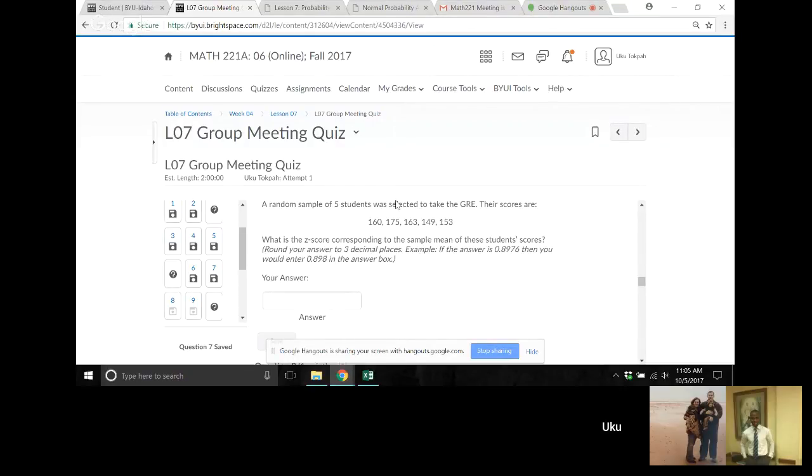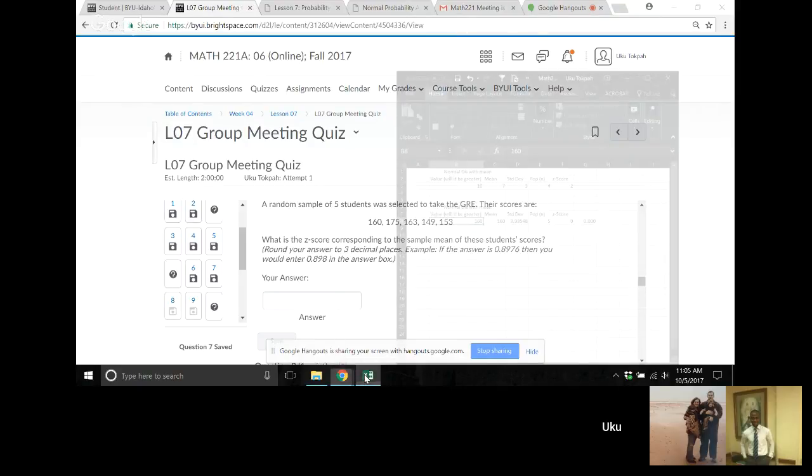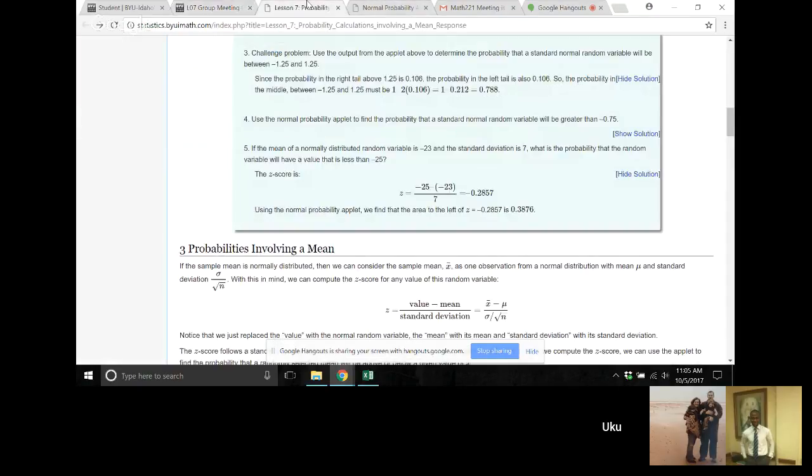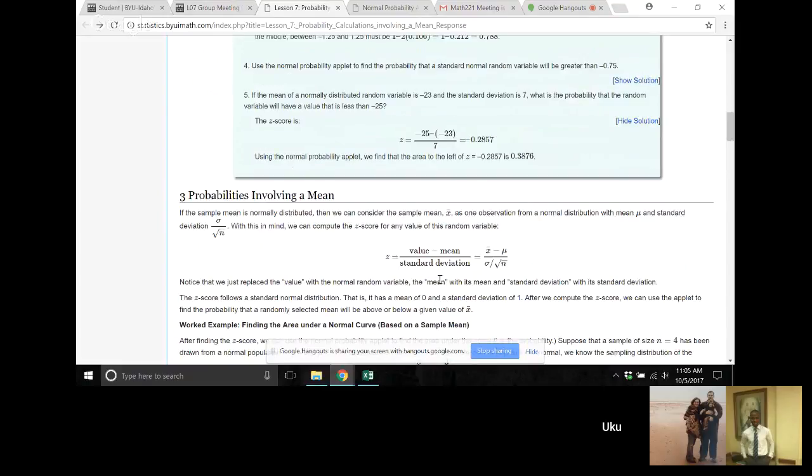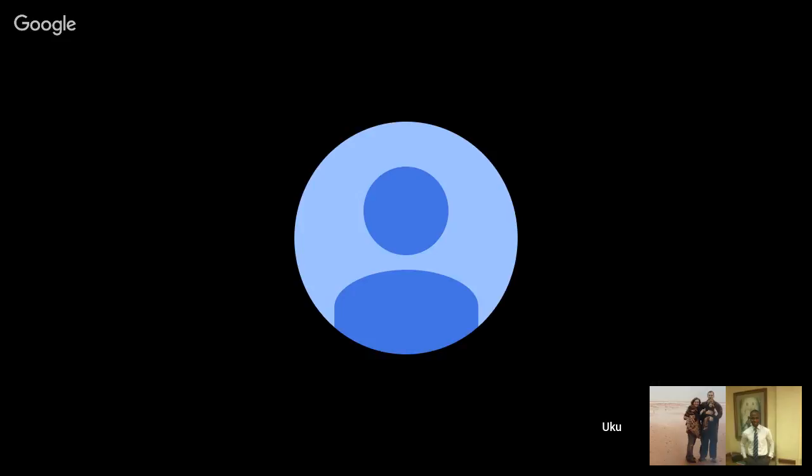Sample means knowledge, and then we can consider the sample. Work example, finding the area under a normal curve based on a sample mean.